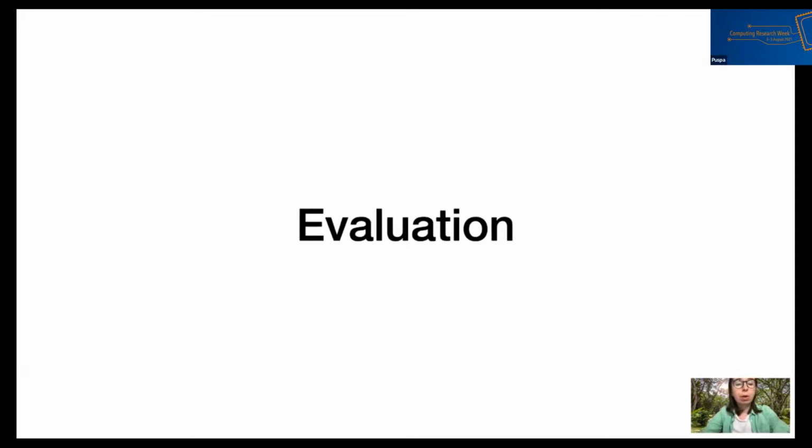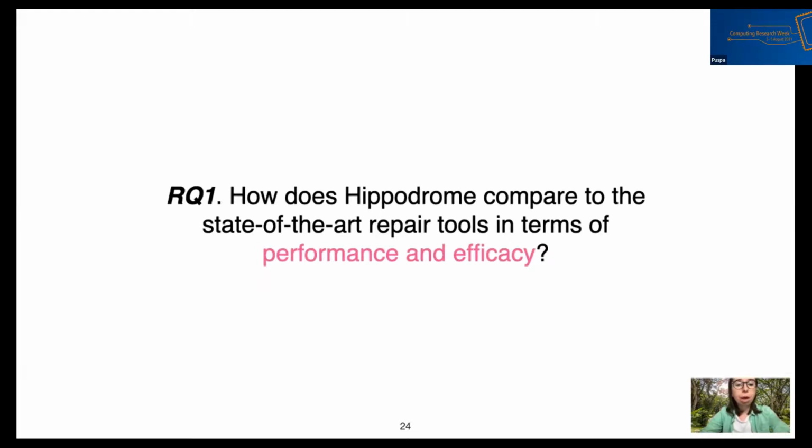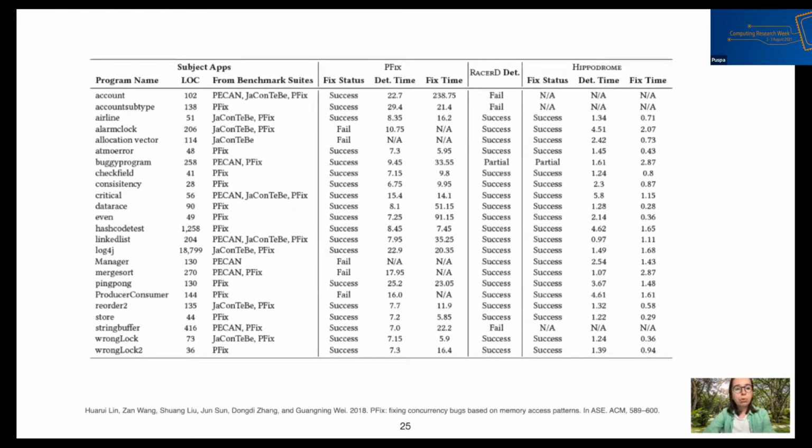We evaluated our approach to find out how HIPPODROME compares to the state-of-the-art repair tools in terms of performance and efficacy. We chose 24 unique applications from the benchmark suites universally adopted by the automated program repair community as a baseline for evaluating tools for fixing concurrency bugs.